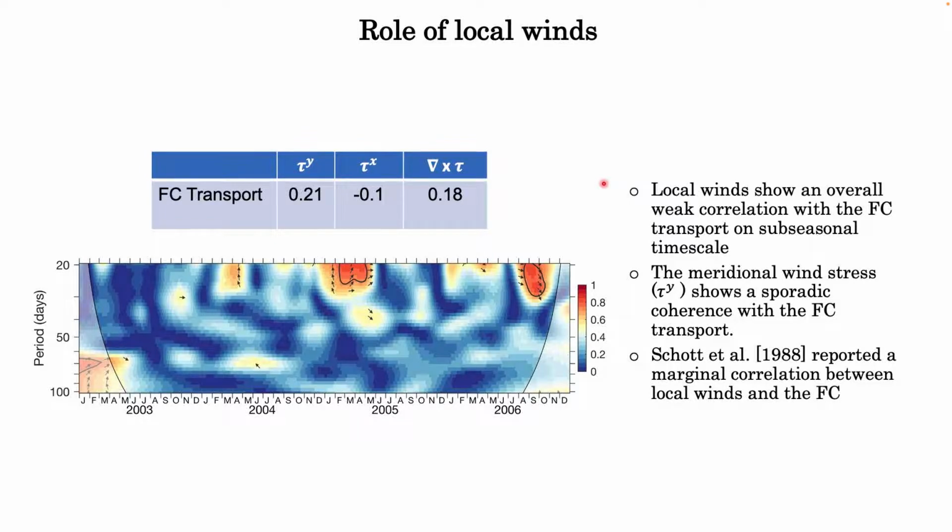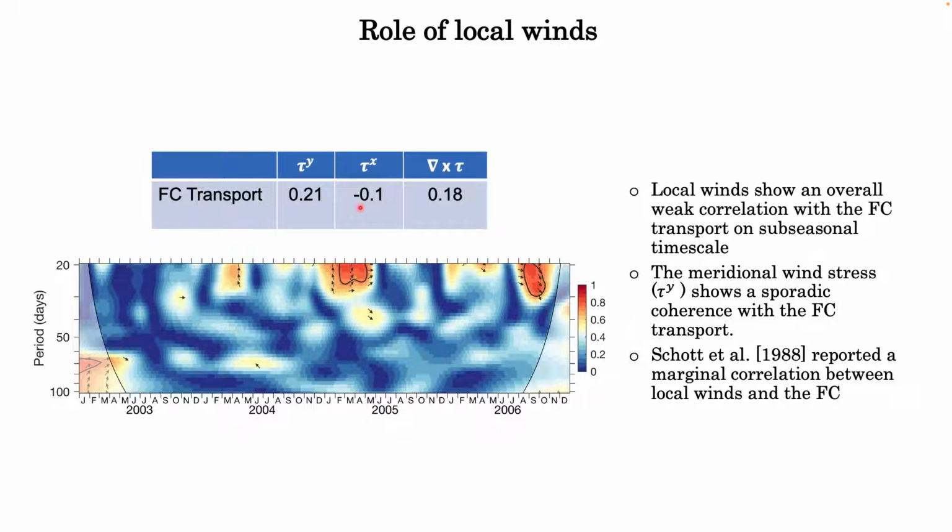Is it a local process, like local winds? Well, it looks like local winds play a minor role in driving the FC transport. By a simple correlation, it looks like the FC transport is weakly correlated with these local wind components, and the most correlated component is, as expected, the meridional component, right?